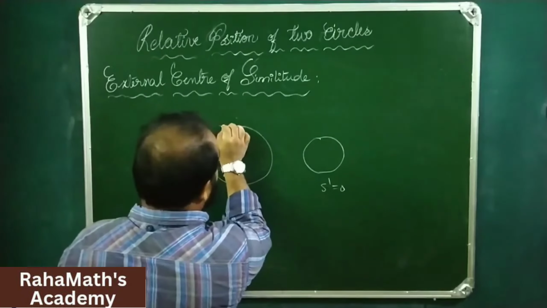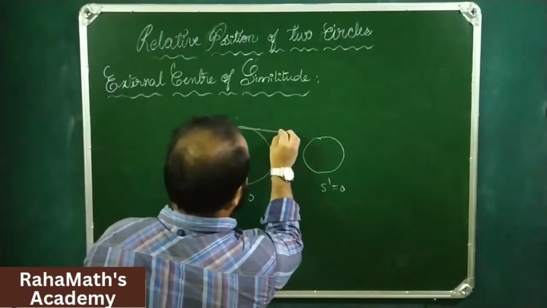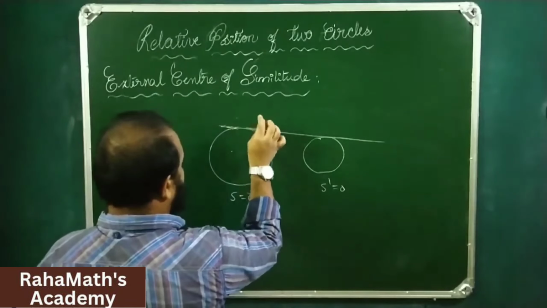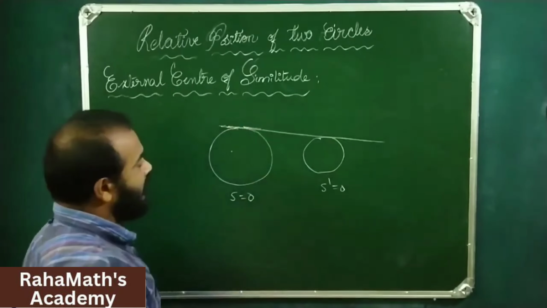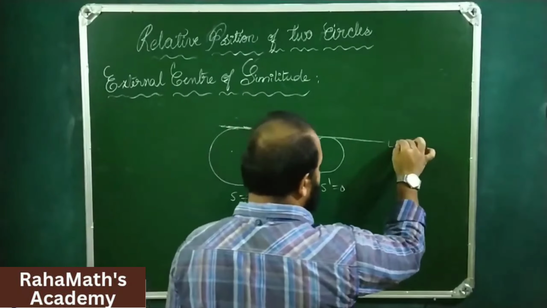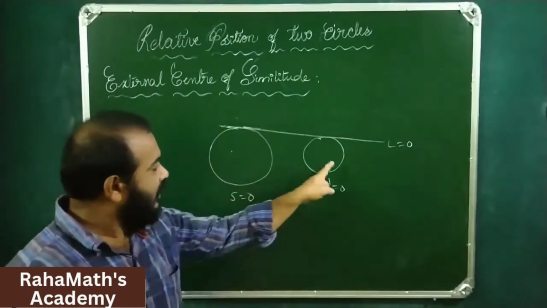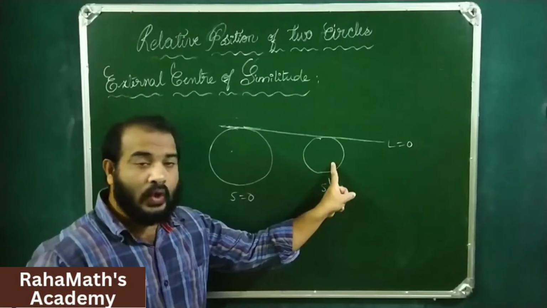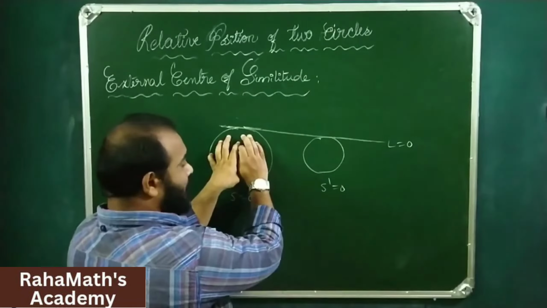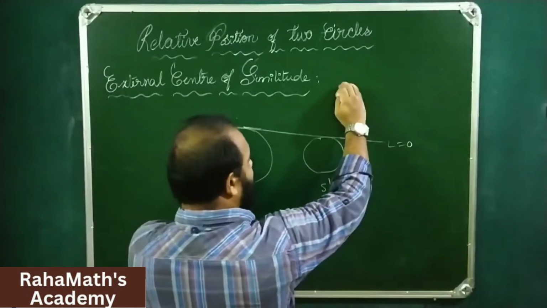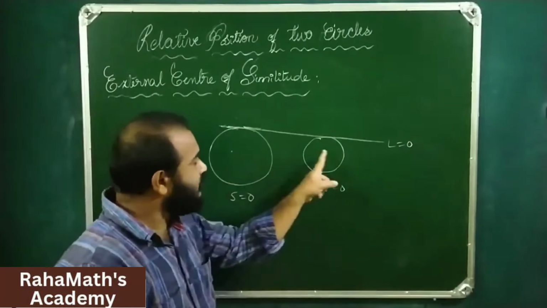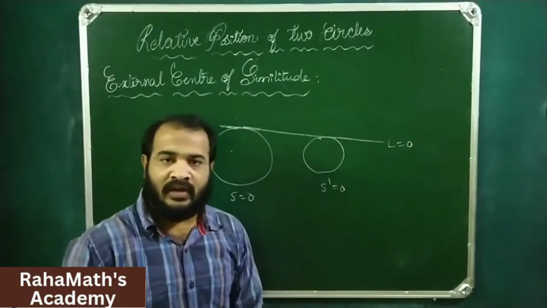If I am taking one line like this, for example L equals 0, the two circles S equals 0 and S dash equals 0 are lying on the same side. It is not that one circle lies on one side and the other circle on the opposite side of L equals 0. It's not like that. So the two circles are lying on the same side of L equals 0.